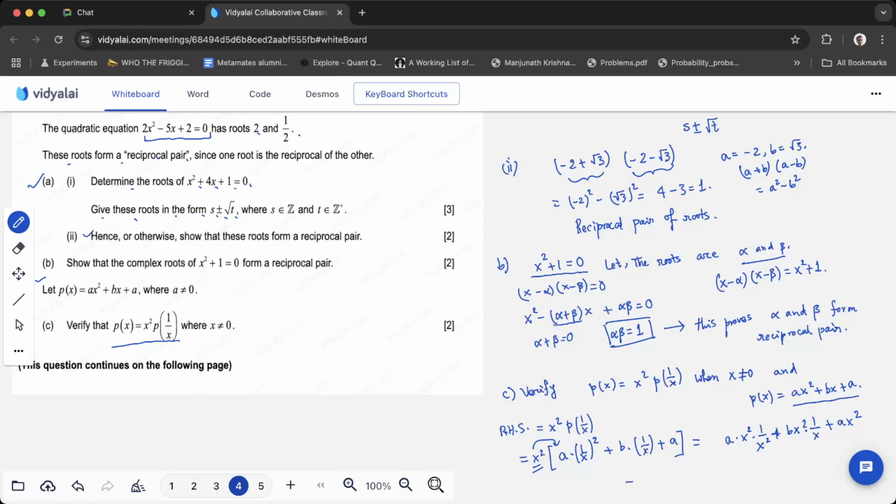So the first term is a, the second term is bx, and the third term is ax squared. So this is really p of x written in reverse order. If you just rearrange these terms to write it as ax squared plus bx plus a, this is nothing but p of x. So this is the left-hand side.